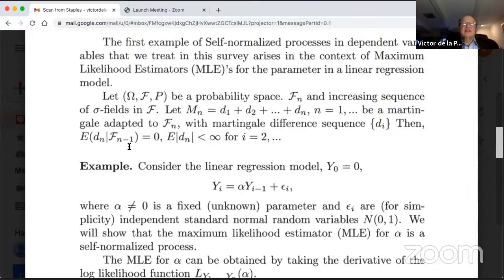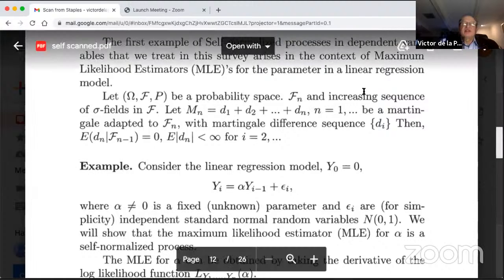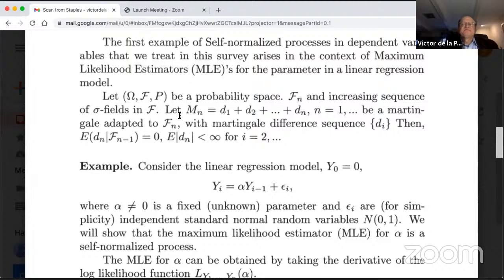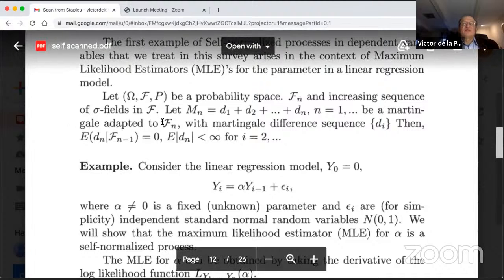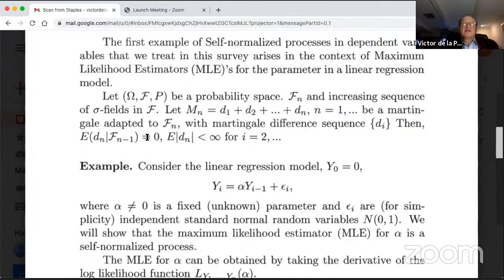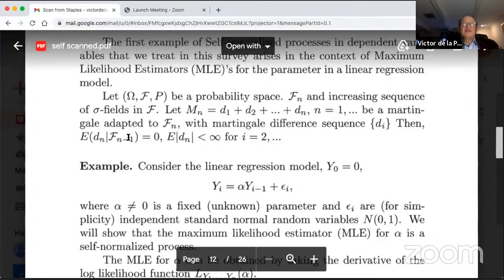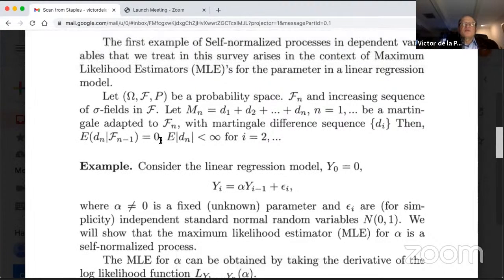In this case, I hope everybody knows what a martingale is. You have an increasing sequence of sigma fields Fn. Mn is the sum of the di's, adapted to Fn. The expected value of dn given Fn minus 1 is equal to 0, and the expected value of dn in absolute value is finite.